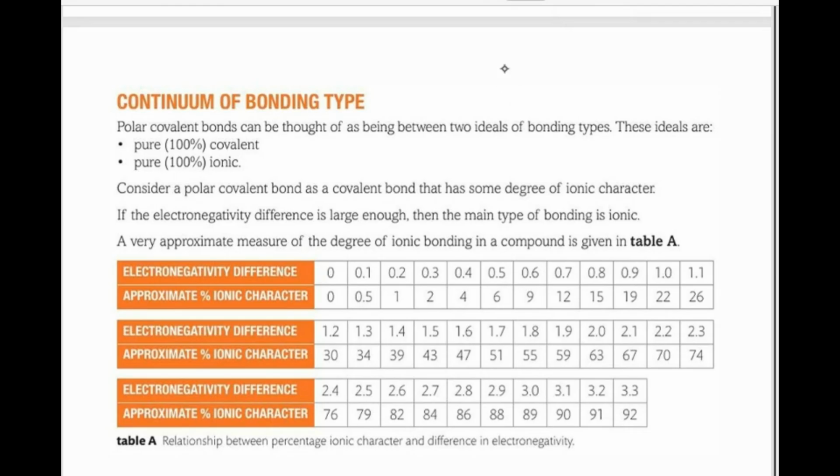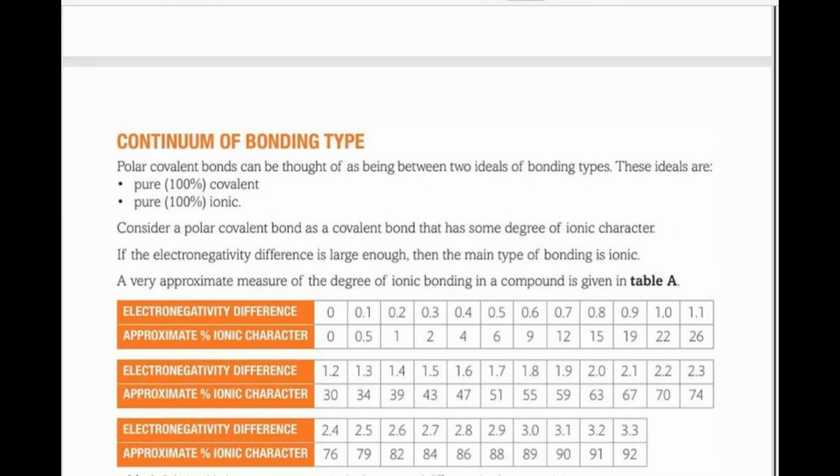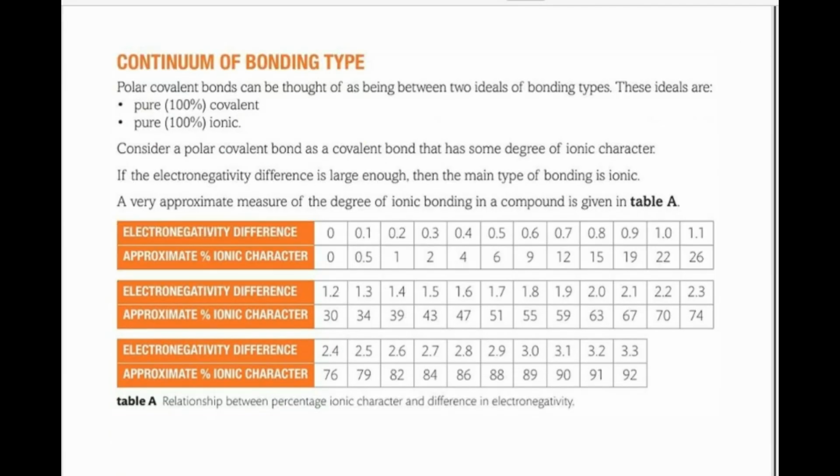Good. So till now in O levels, we have studied three kinds of bonding: ionic bonding, covalent bonding, and metallic bonding. And we have defined three different categories.